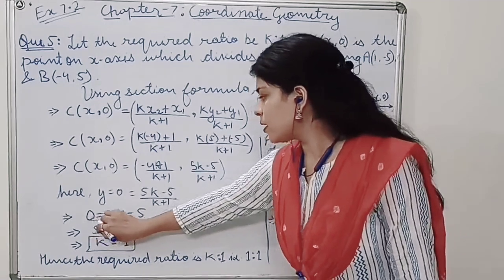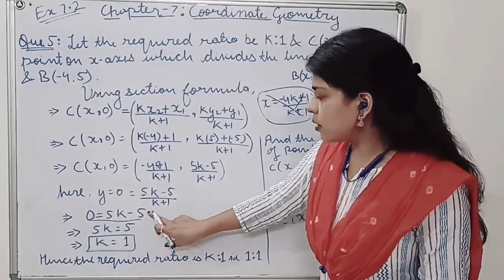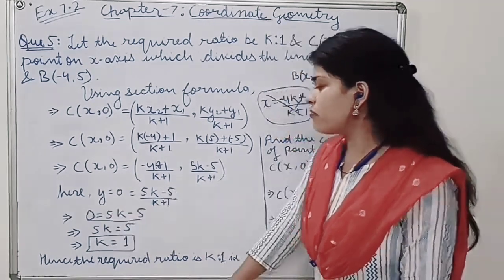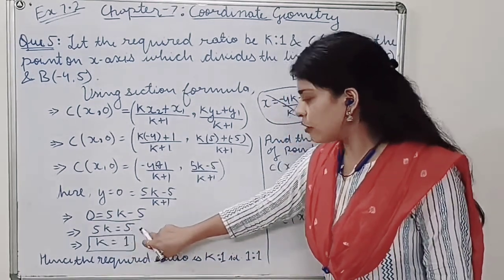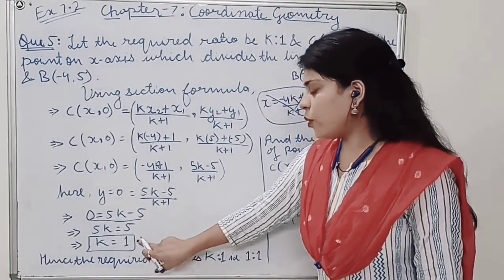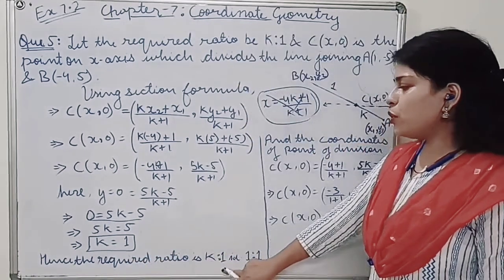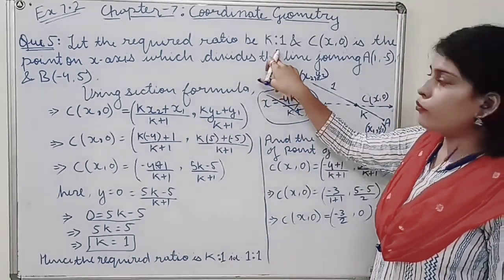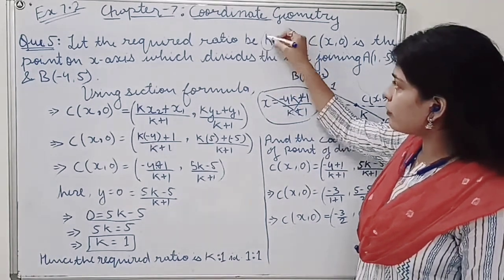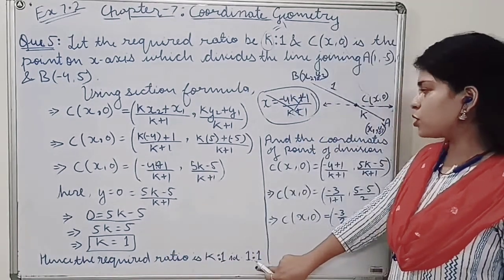Now, if we transpose this 5 to the LHS, we have 5k equals 5. Then the value of k is 5 upon 5, which is 1. Hence, the required ratio, which we assumed to be k:1, with k equal to 1, is 1:1.